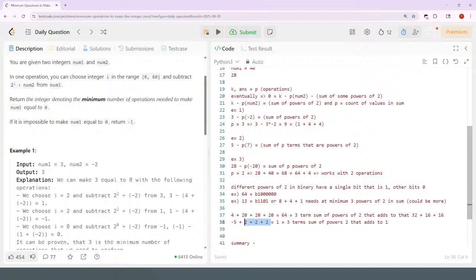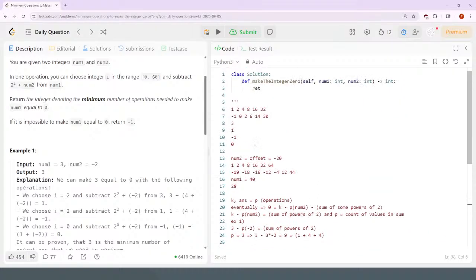And the number of bits that are on can't be more than p. So it can have at most p bits that are on. Okay. The question is how to quickly find the number of bits that are 1 in a binary number.